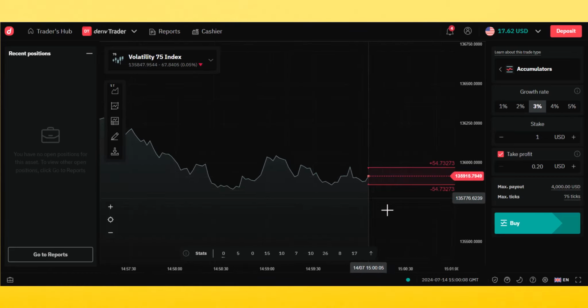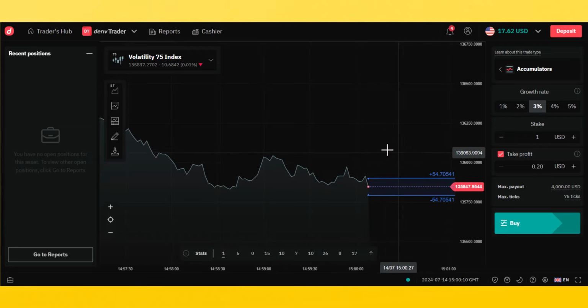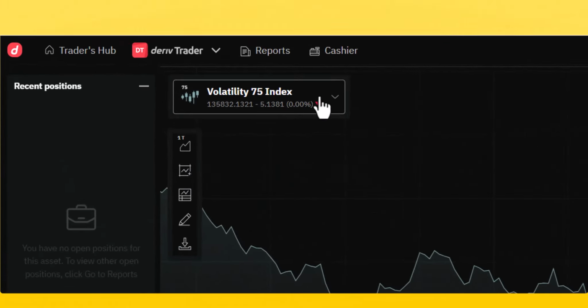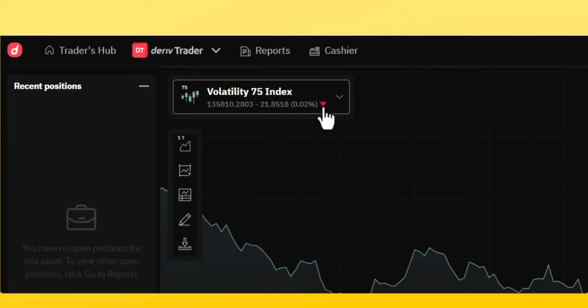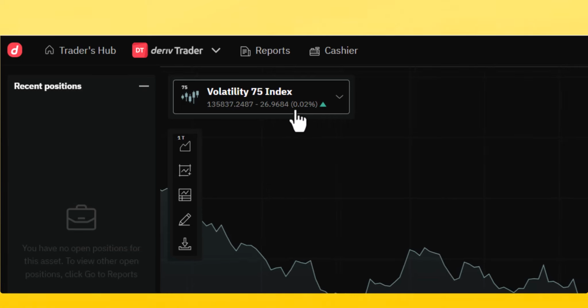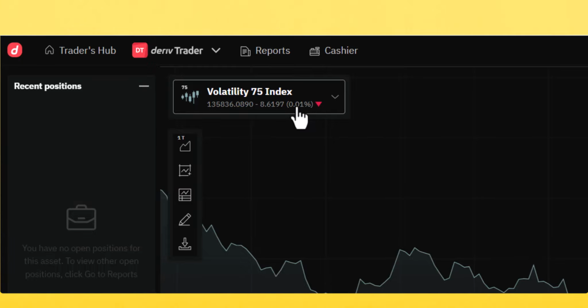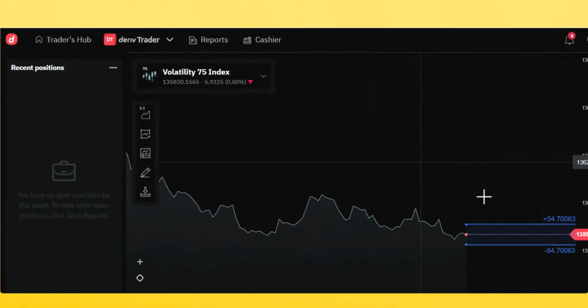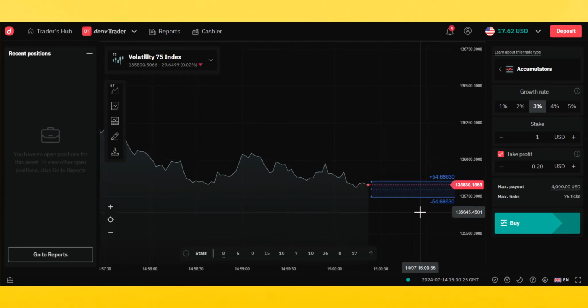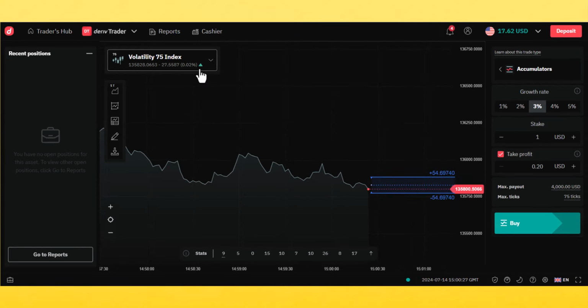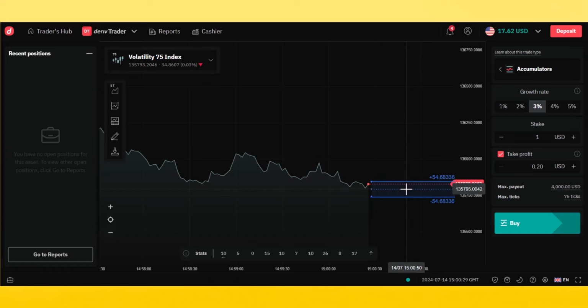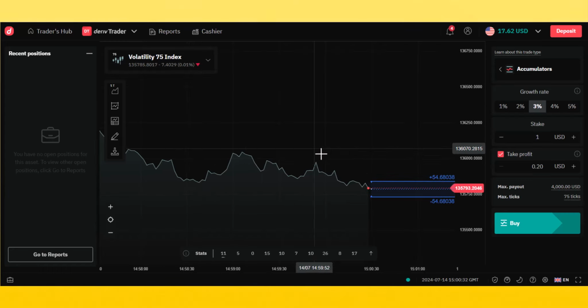Something else that I do to ensure that I succeed in this kind of trade, I pay attention to this red arrow and percentage in this bracket. Now, this is like a step or a tick ahead of this, I noticed. So once you see this going up, this is about to go up. See, it's going down, this is about to go down.